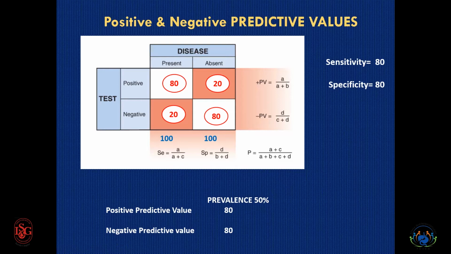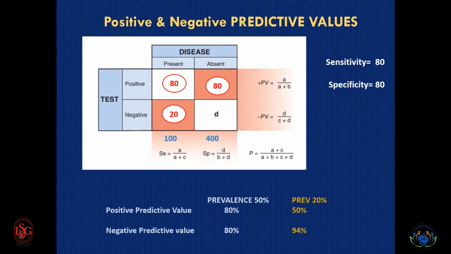But let us now change the proportion of the prevalence of the disease and see what happens to the positive predictive value and the negative predictive value. So this is a population where there are 100 persons with the disease and 400 persons without the disease. That is, the prevalence is only 20%.